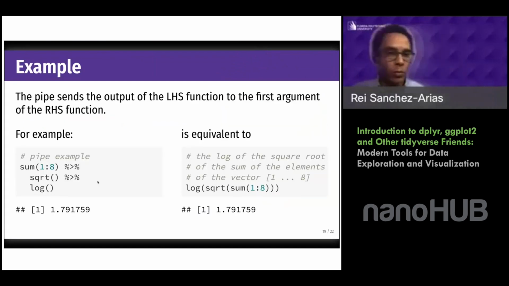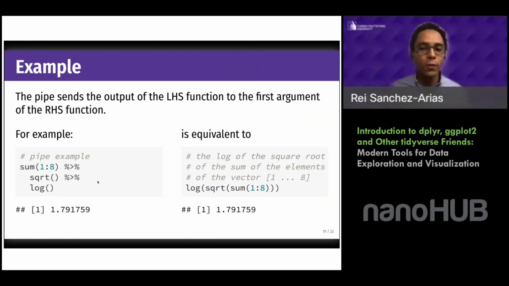So here's an example of how the pipe works and why it's useful for data analysis, because it's going to allow you to break down very hard to read, very concatenated sets of instructions into very clear ones. Let me bring your attention to the one on the right first. This says they want to take the log of the square root of the sum, and we haven't discussed what that is, but it's a function that takes a vector and adds its entries, of a vector that goes from 1 through 8.